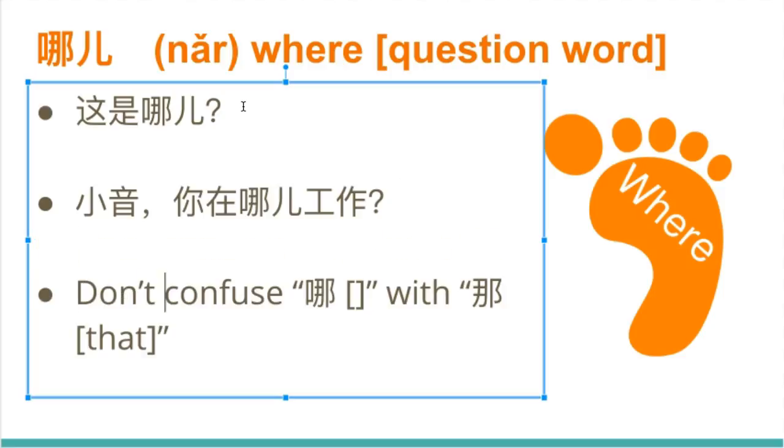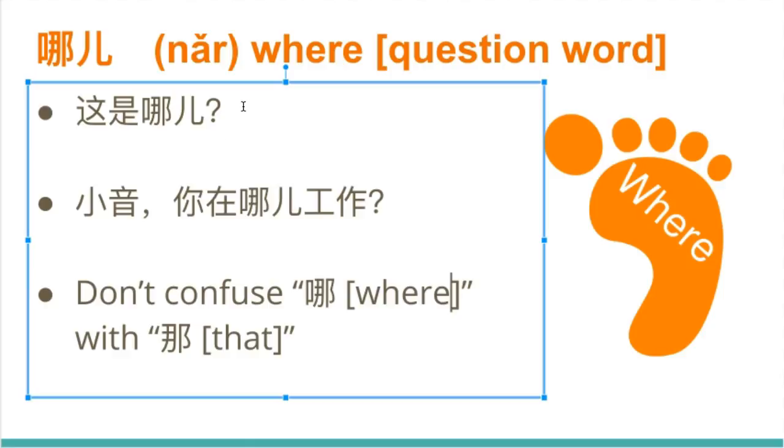But na means where. All right, and the addition is the mouth radical in front of na, third tone, na. Because you're asking for directions, for example, with your mouth, na.